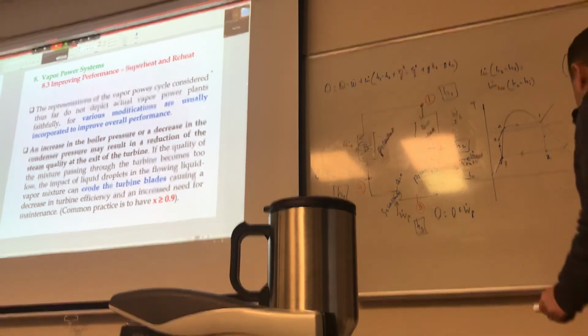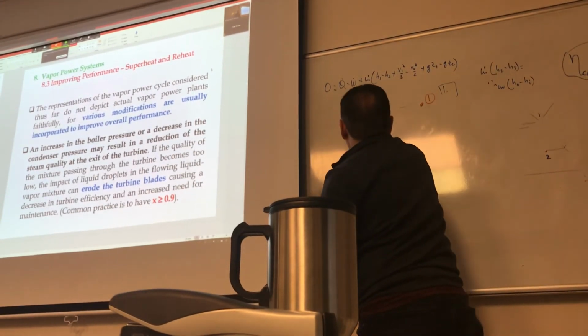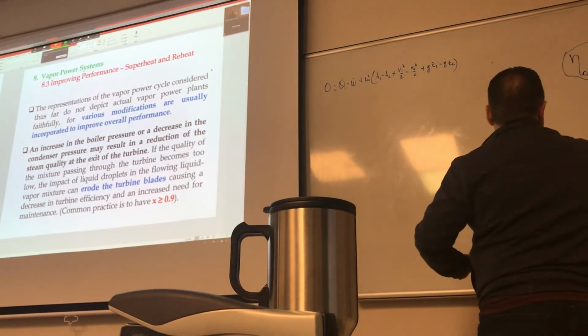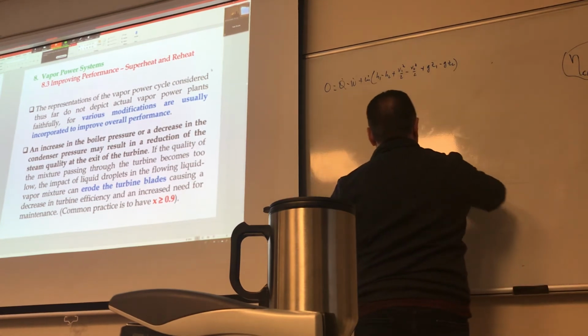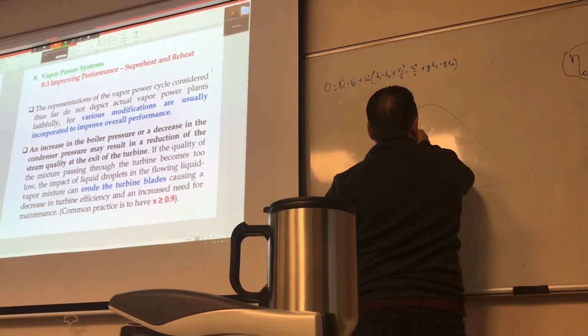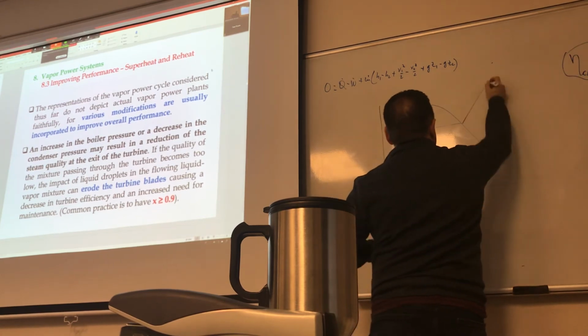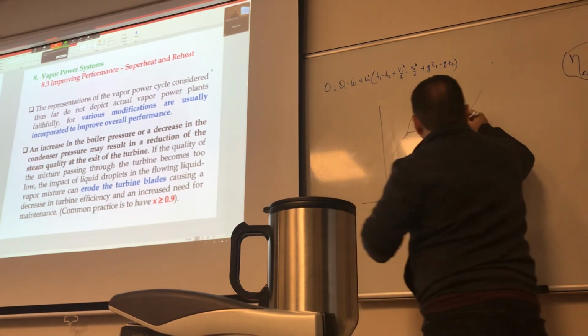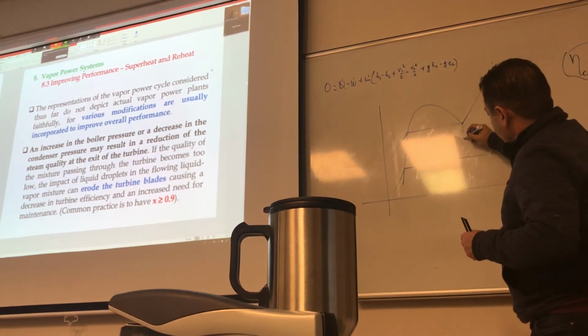I guess the first thing to notice in here is the following. Remember, we start from state number 1, the entrance to the turbine, and then we come down like this.